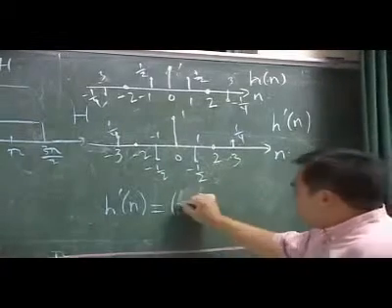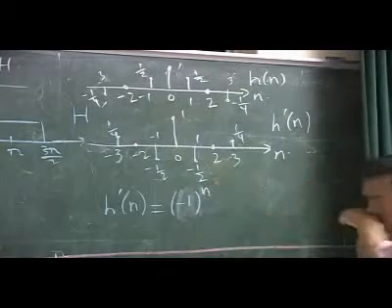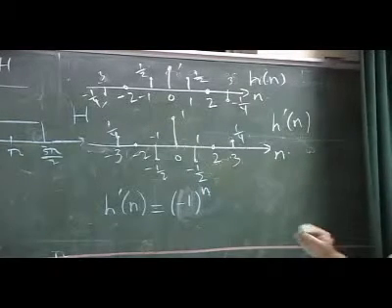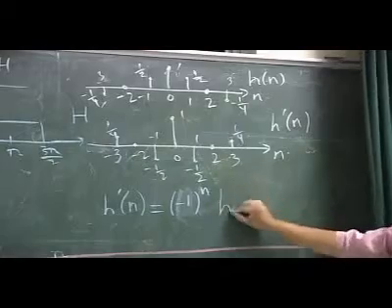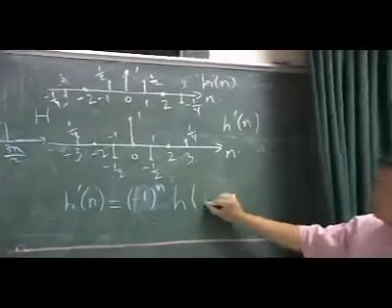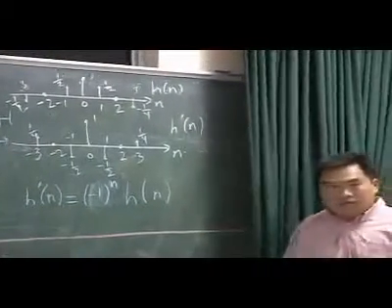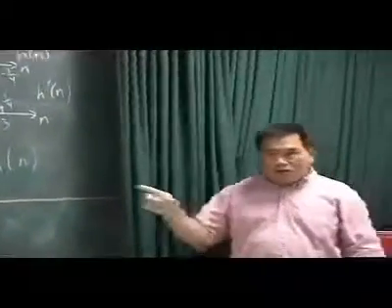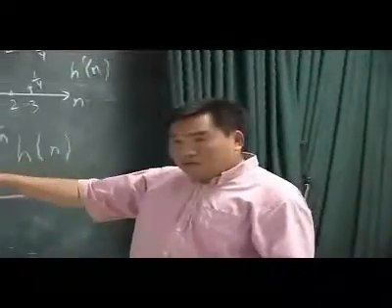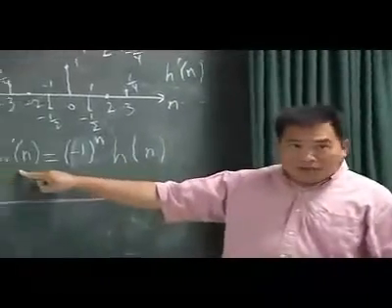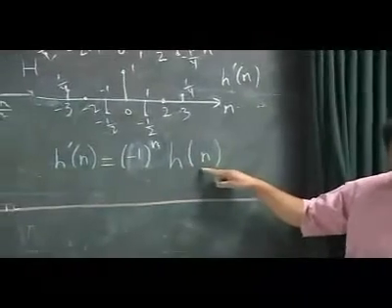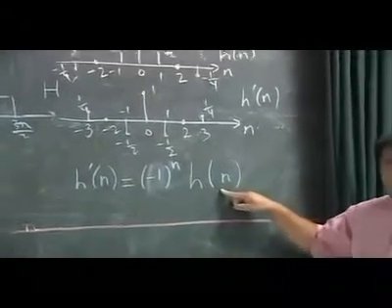Understand? Minus 1 to the n. Good? X of n? Very good. So you see that the high pass filters, right, retain the same sign for even index. Right? The n equal to 0.